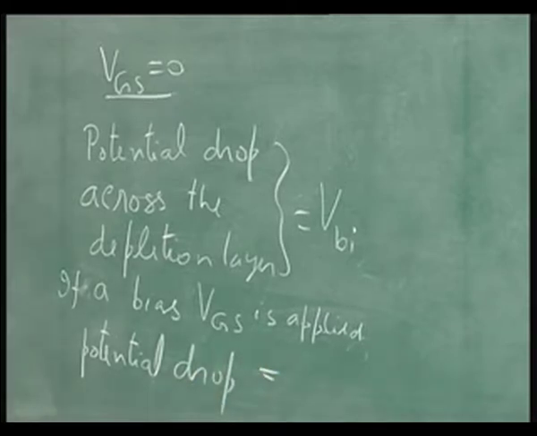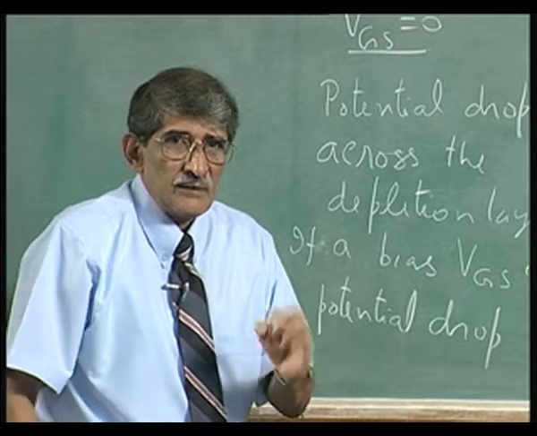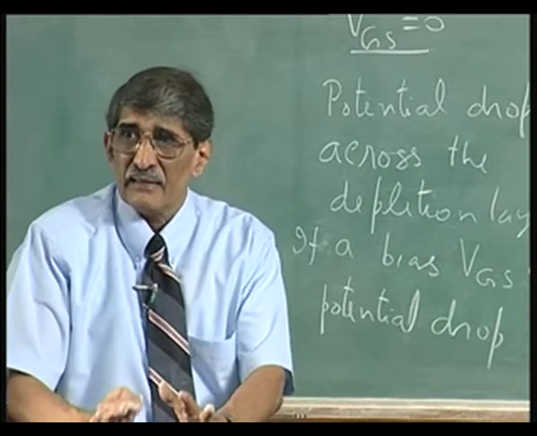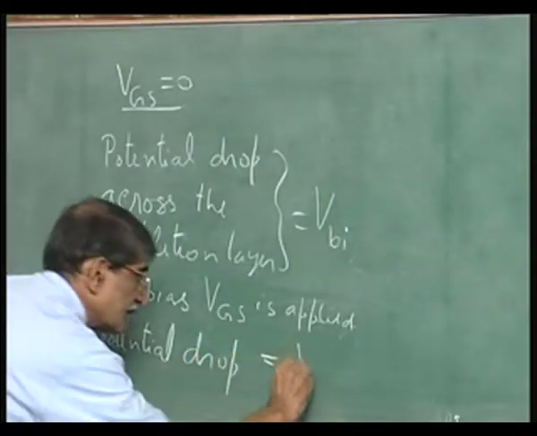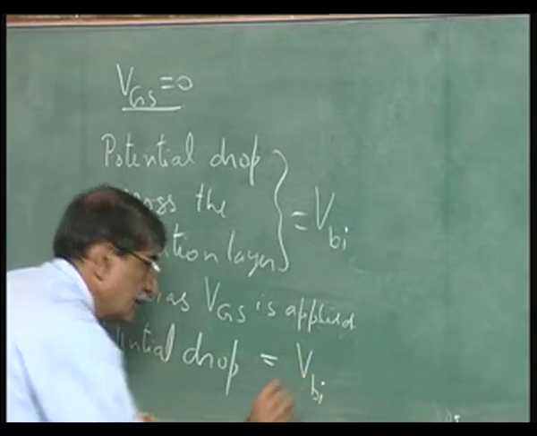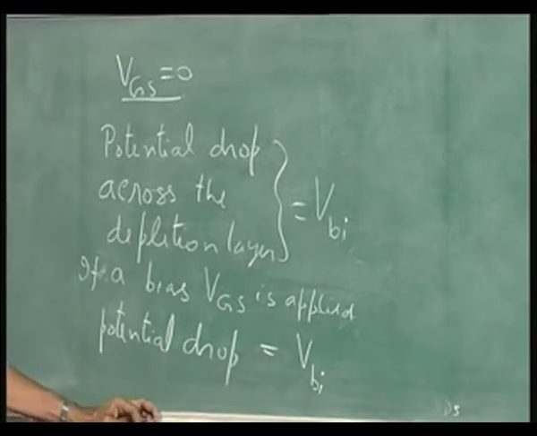I would like you to watch carefully. You can put the numbers onto that, but in analysis what we will put it as VBI minus VGS.